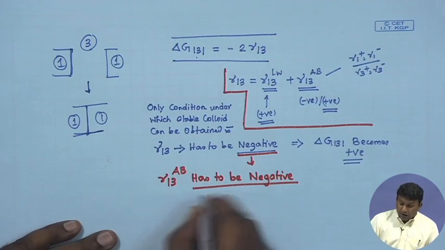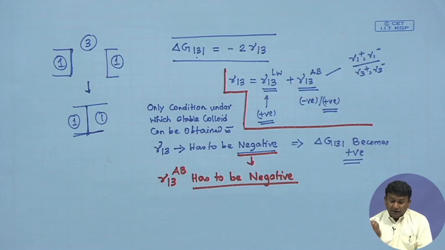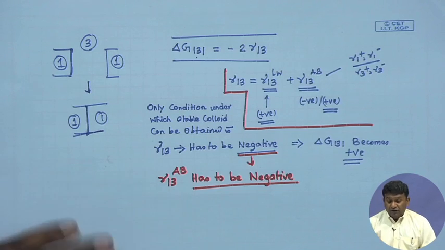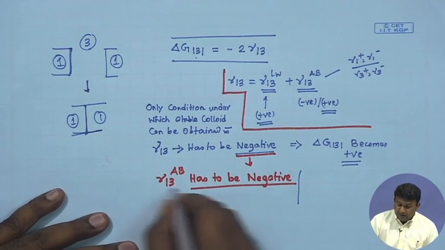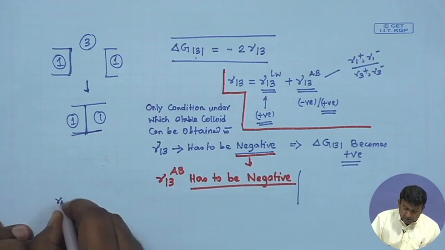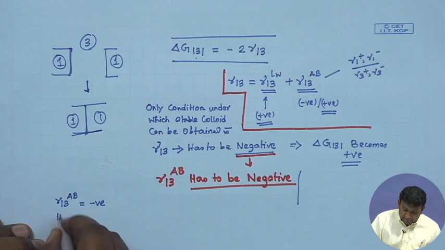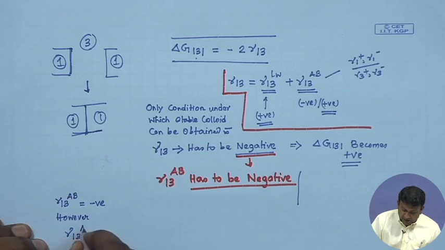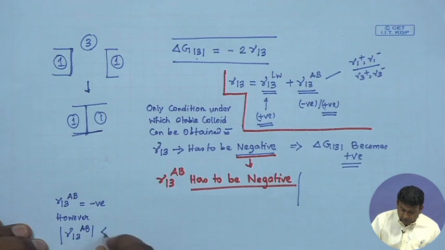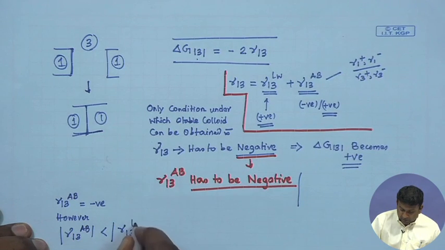condition. This can be negative, but its numerical value may be lower than the magnitude of gamma 1 3 LW. I repeat, this is negative. Let us consider a situation where gamma 1 3 AB is negative, however its numerical value is lower than gamma 1 3 LW.